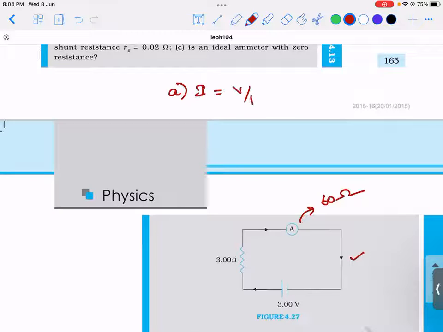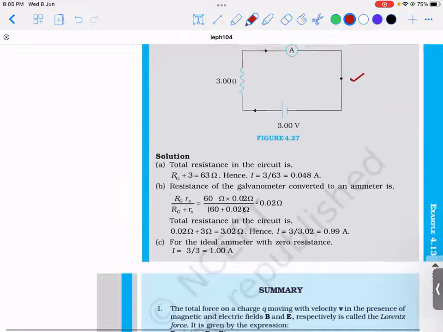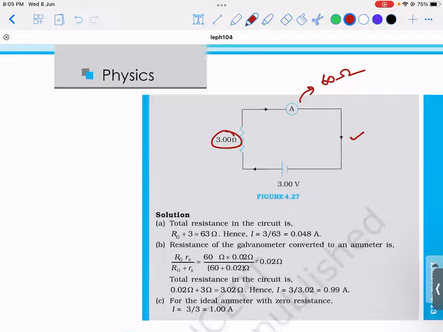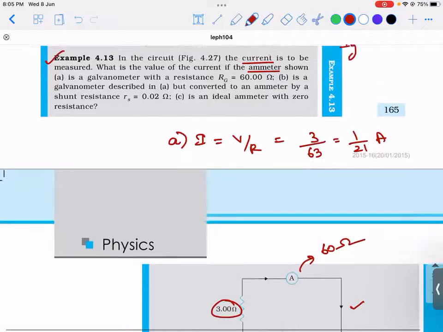I is equal to V by R. V is 3 volt divided by R, which is 63. So it will be 1 divided by 21 ampere.